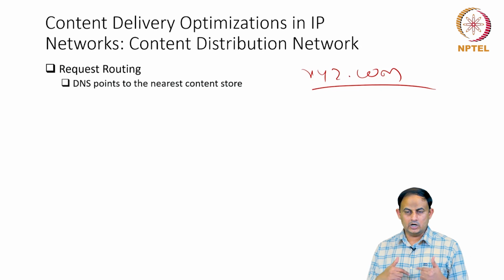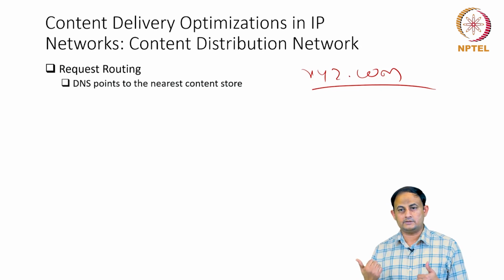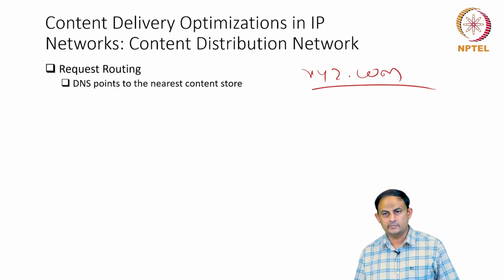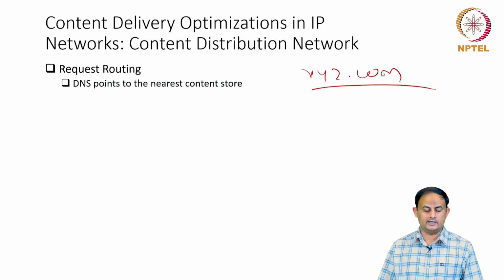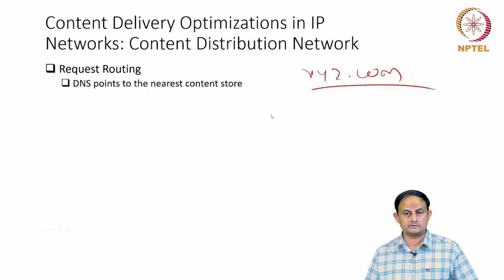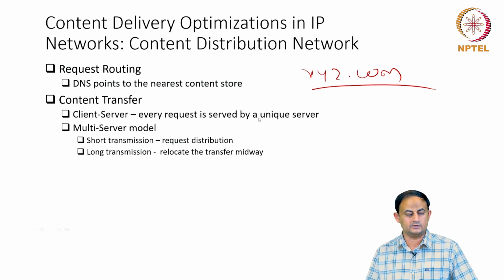So now the job of finding a closest server is outsourced to the DNS server rather than to the main content provider server itself. So that is another way with which you can optimize the content distribution in the network.